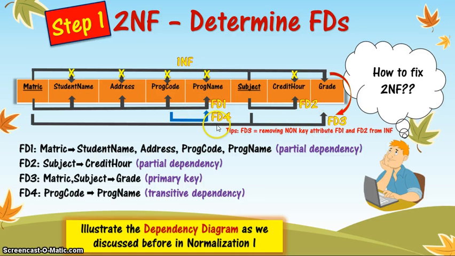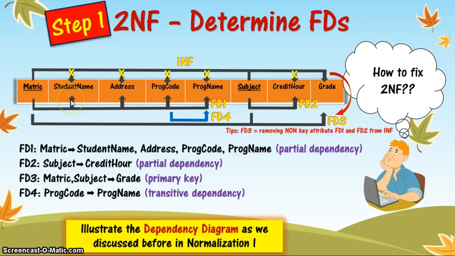Actually, if you don't know what determines grade, you can see that from the 1NF illustration, you can remove the non-key attributes like this, which is a repeating group.